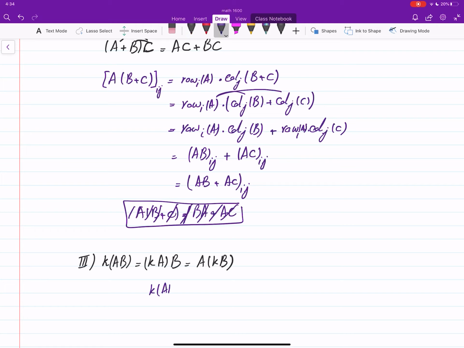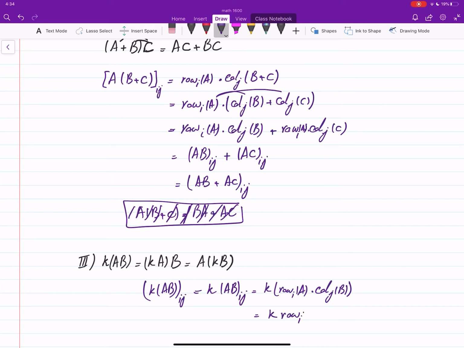The (i, j) entry of k(AB), well, you know that scalar multiplication works component-wise, means that you have the (i, j) entry of AB, and then multiply it by k, and this is k times row i of A dot product column j of B. And we know that the dot product and k scalar multiplication work nicely together.